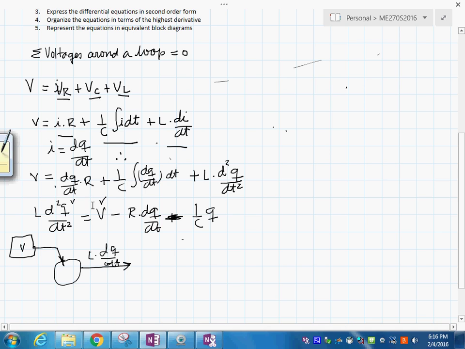And now these other two are negative ones that we need to add to this block diagram.